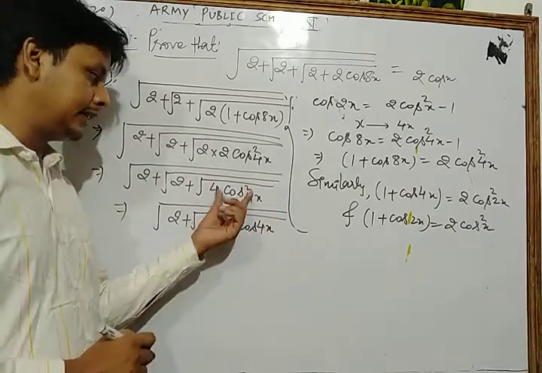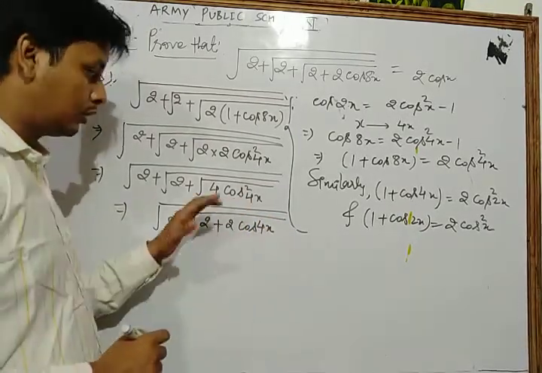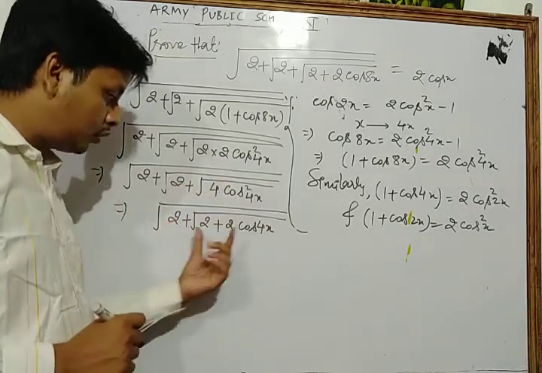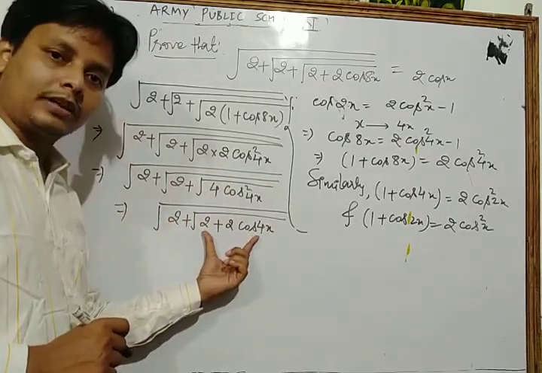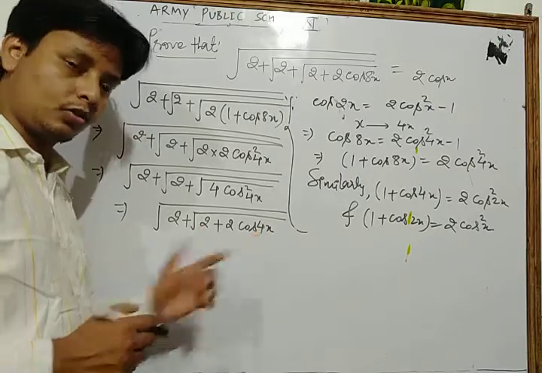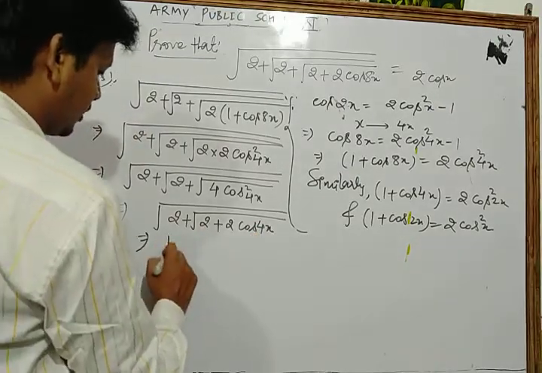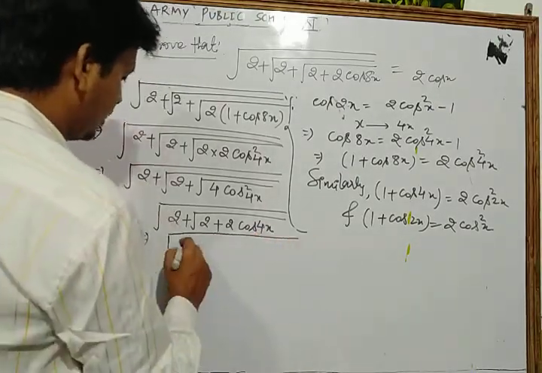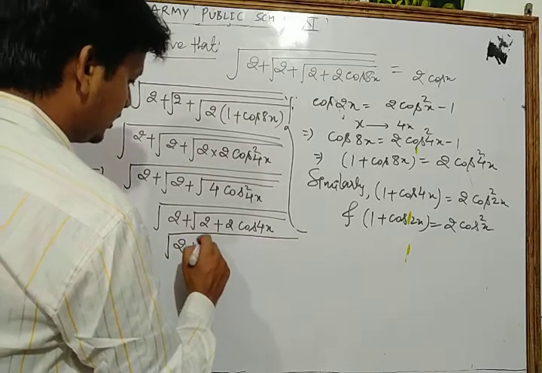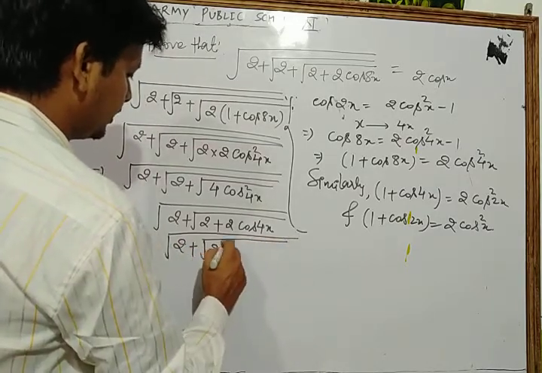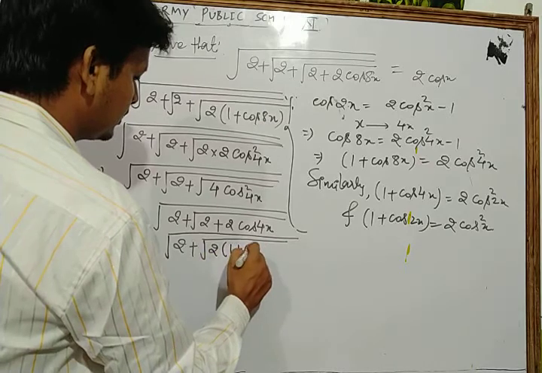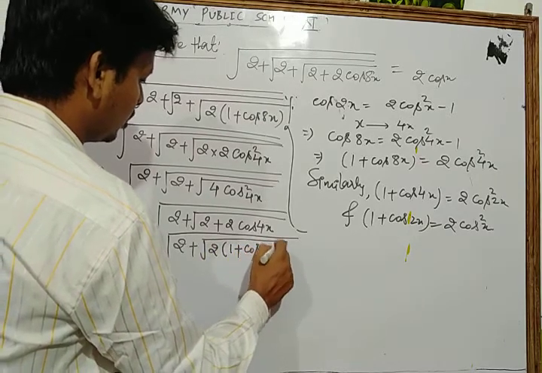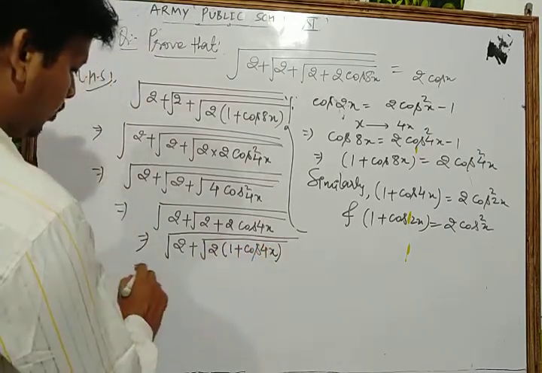Now we reduce one more surd. Here 2 is common, then we get 2 plus square root of 2 into 1 plus cos 4x.